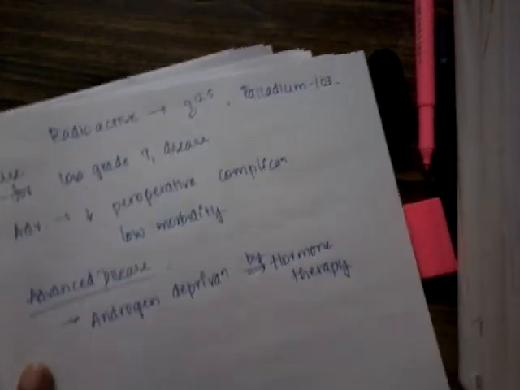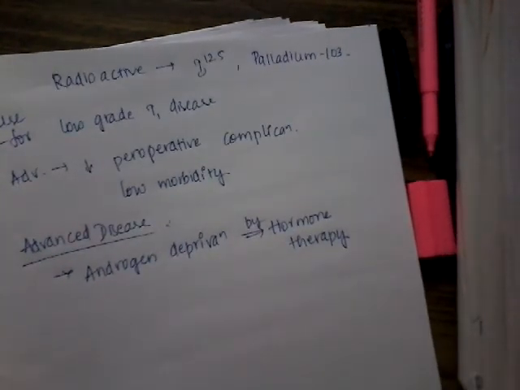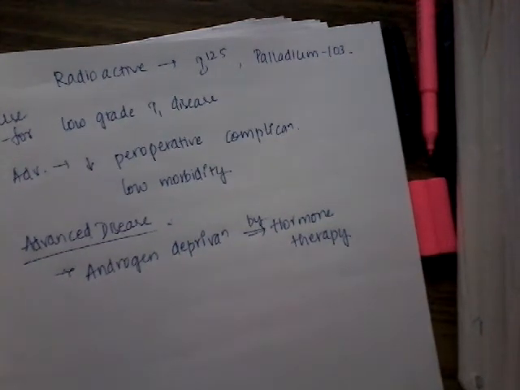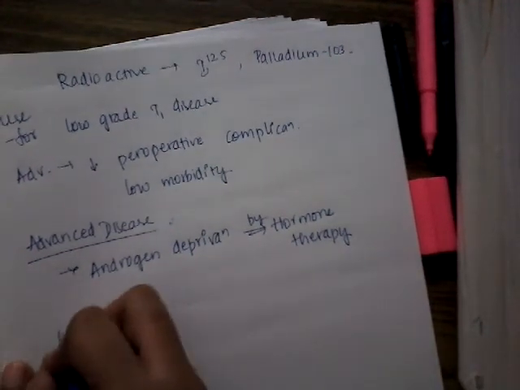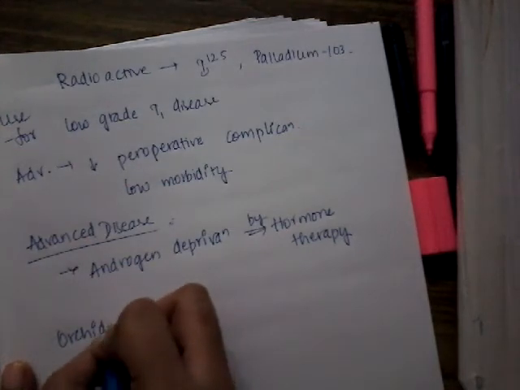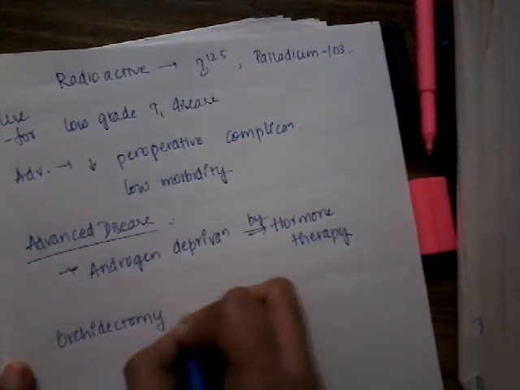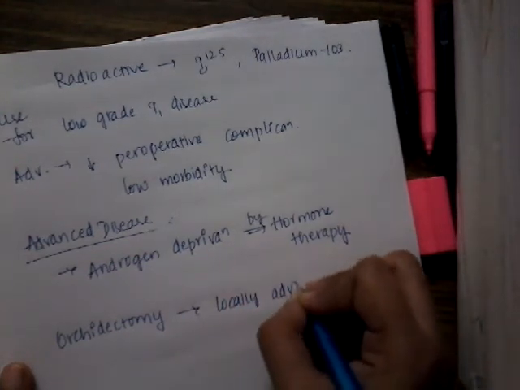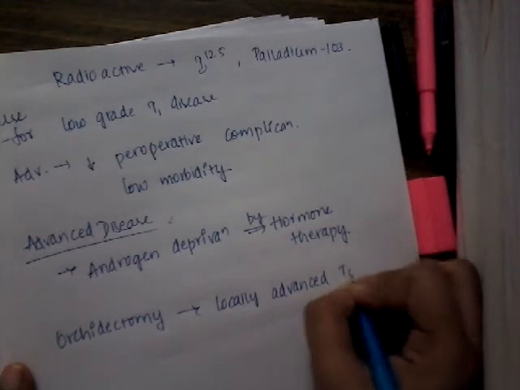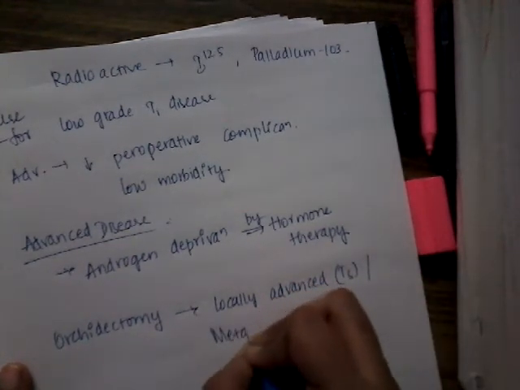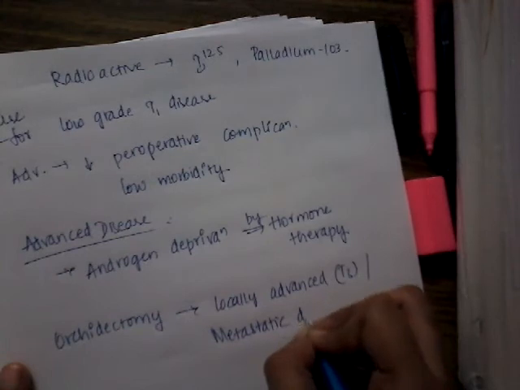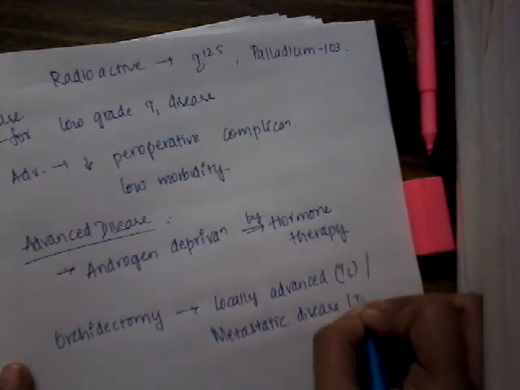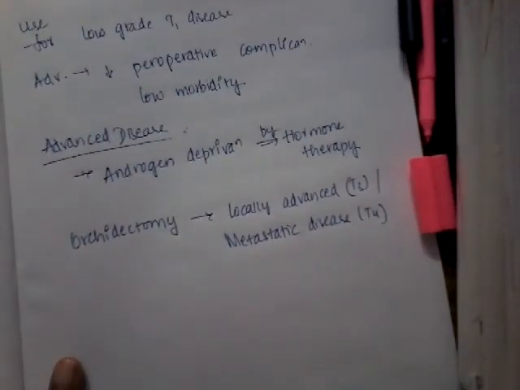Okay, this can be done in advanced disease. And then you can do orchidectomy. This is done in locally advanced, that is T3, or metastatic disease, that is T4. In that we can do orchidectomy.